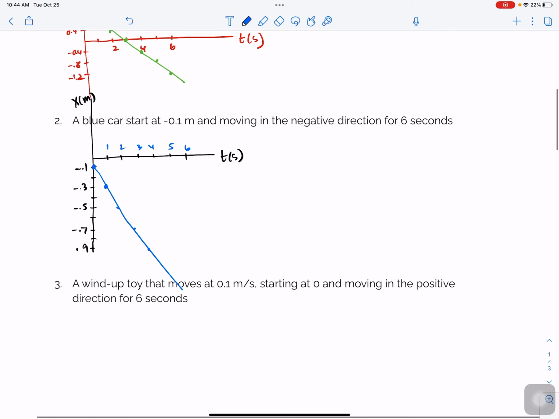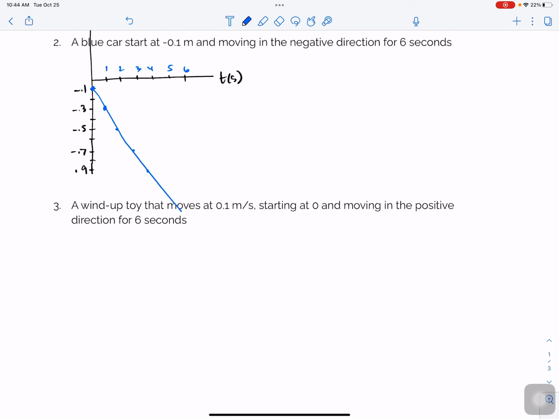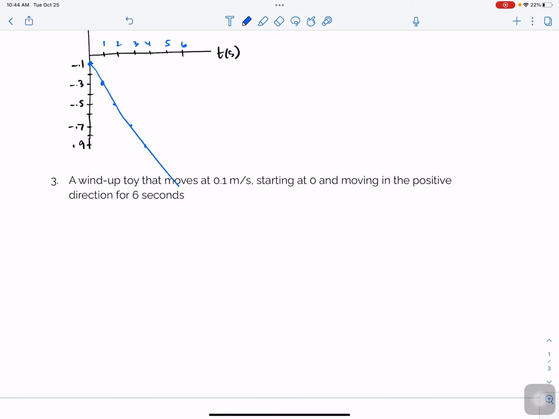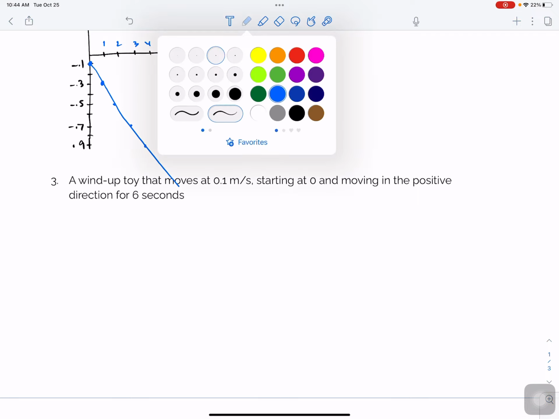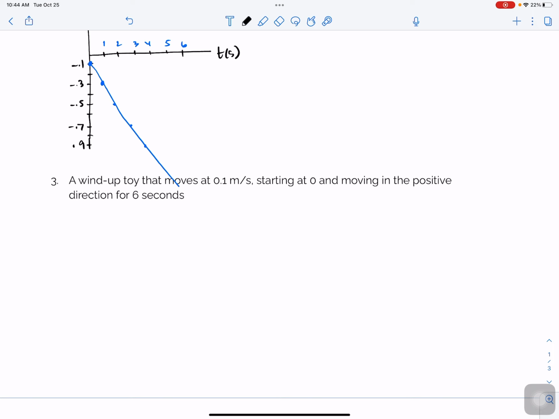All right. A wind-up toy that moves at 0.1 meters per second, starting at 0 and moving in the positive direction for 6 seconds. So 0.1, 0.2, 0.3, 0.4, 0.5, 0.6. So it's starting at 0.